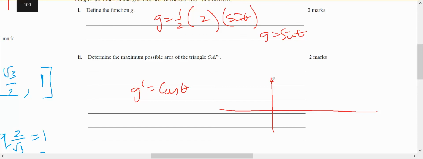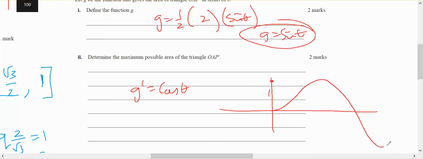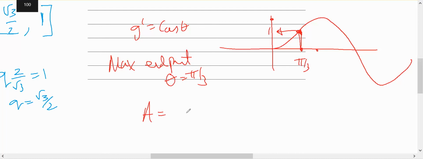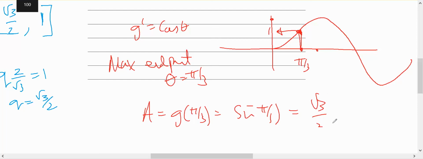Well, my sine curve goes like that, but I'm only going to pi on 3. Therefore, the maximum will occur when theta is pi on 3. So max occurs at the endpoint, at theta equals pi on 3. Therefore, area will equal G of pi on 3, which will be the sine of pi on 3, which is root 3 on 2 square units.